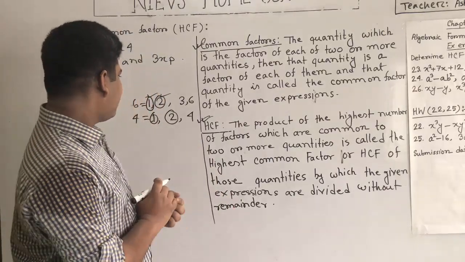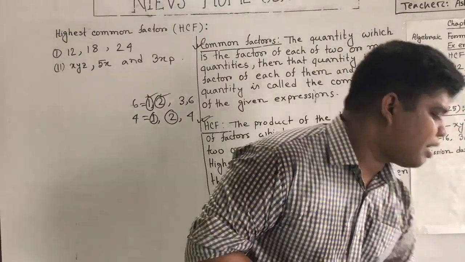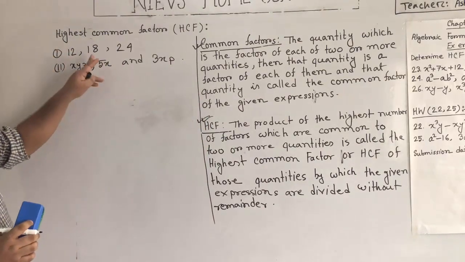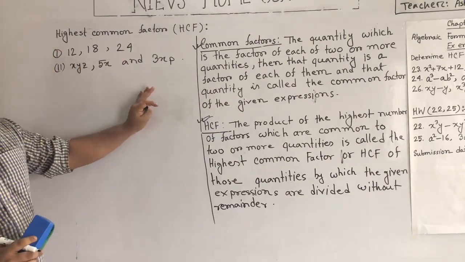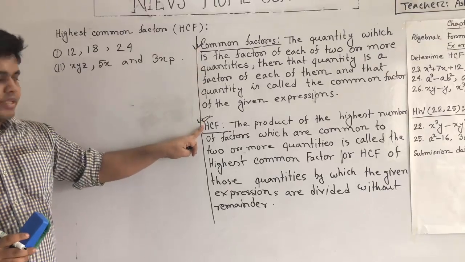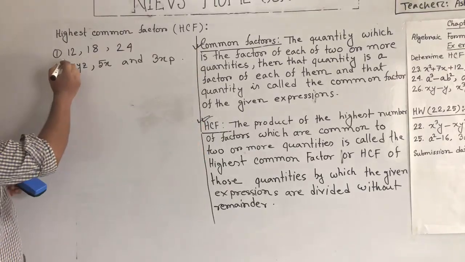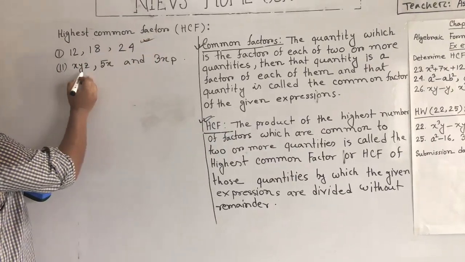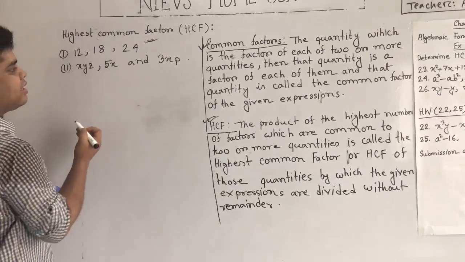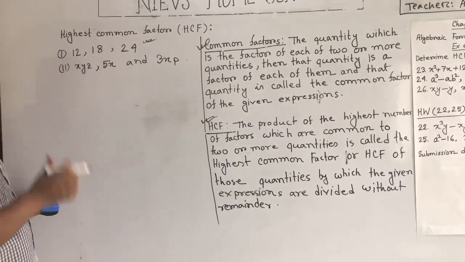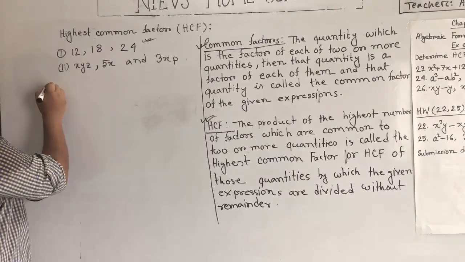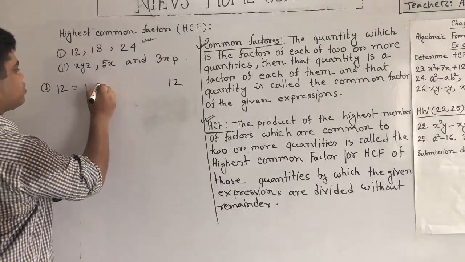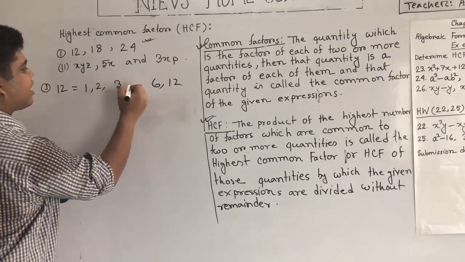Now we want to solve these two maths and find out HCF. Then it will be clear to you, both common factors and highest common factors. The first is 12, 18, 24, which is a math of arithmetic, and the next is xyz, 5x and 3xp, which is a math of algebra. First, the factors of 12 are 1 and 12, 2 and 6, 3 and 4.